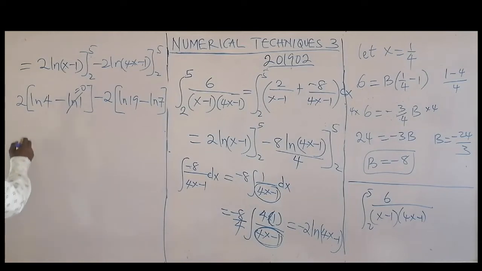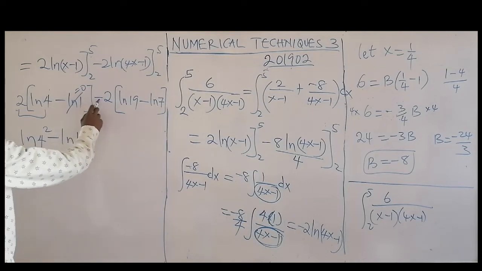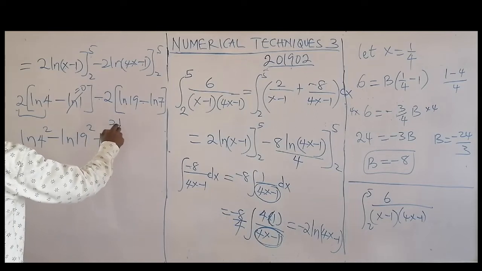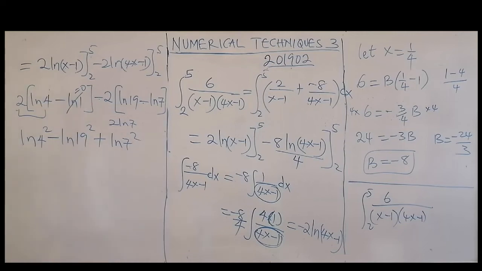So we now have, when we open this one, ln 4 squared, then minus ln 19 squared. Then for this one, minus times minus is plus, that's 2 ln 7, and that will be ln 7 squared.